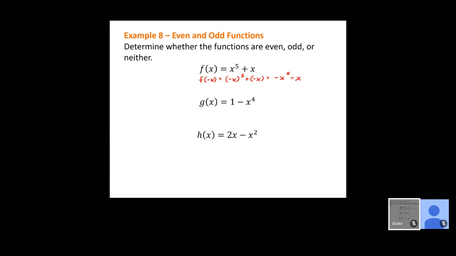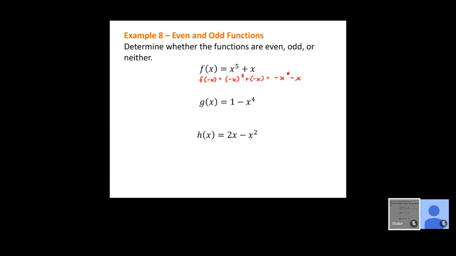So now let's start with the question, is that the same function that we started with? It's not, right? So we know it's not an even function. Now we ask ourselves, is that the opposite of the function that we started with? It is, right? So in this case, we started with a positive x to the fifth and a positive x.